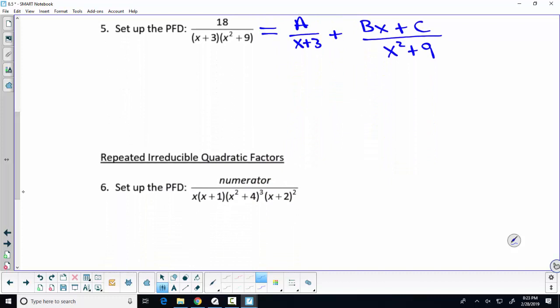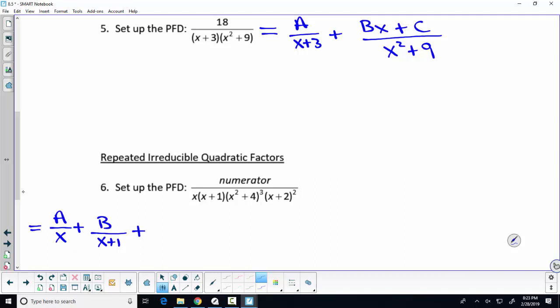How about number 6? You've got 2 linears. Yeah, so x is linear, x plus 1 is linear. I won't be able to fit it all, but we'll start here. So we have a over x plus b over x plus 1. Then what? Would it be c over x squared plus 4?